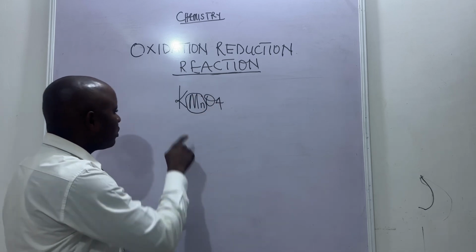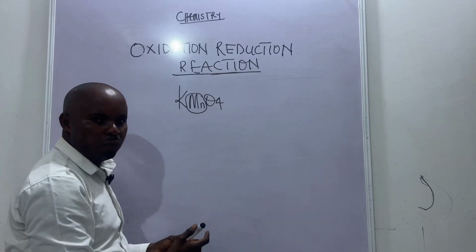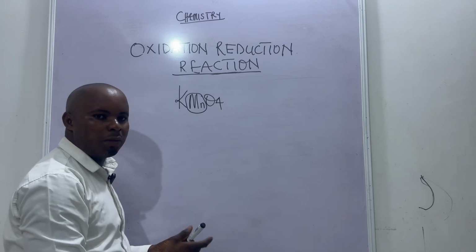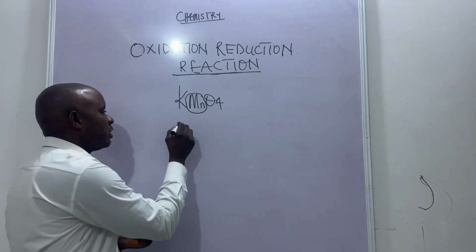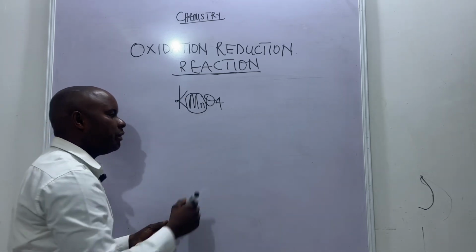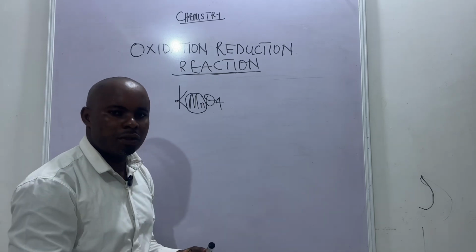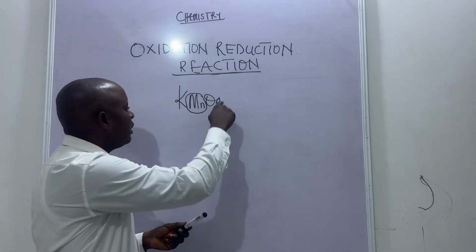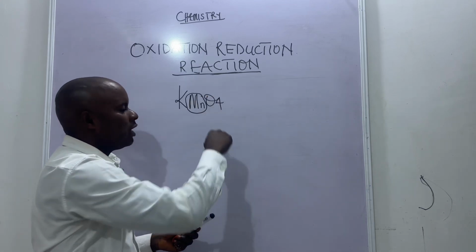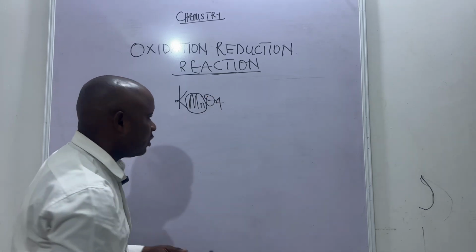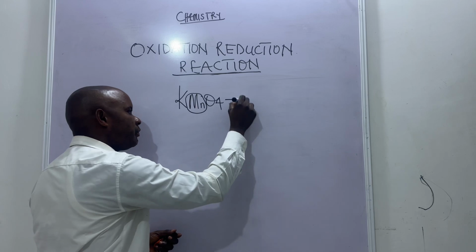So we said the oxidation state of potassium is +1, it's a group 1 element. For us to have this now, the very first law of oxidation, we said the oxidation number of any neutral atom is equated to 0. So I'm going to equate it to 0.